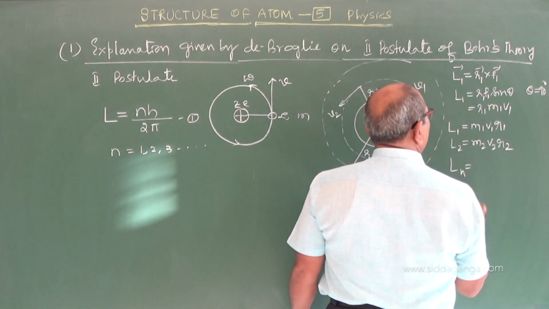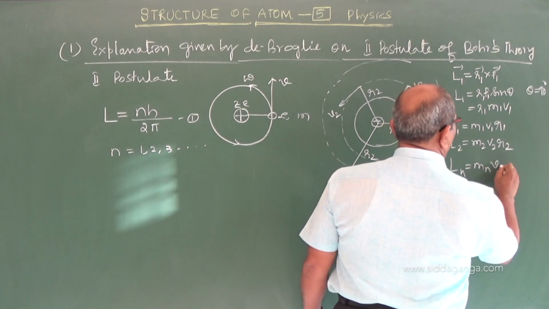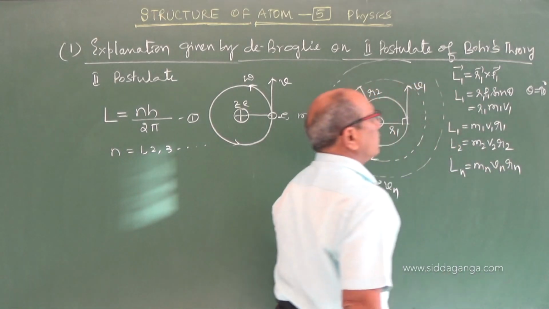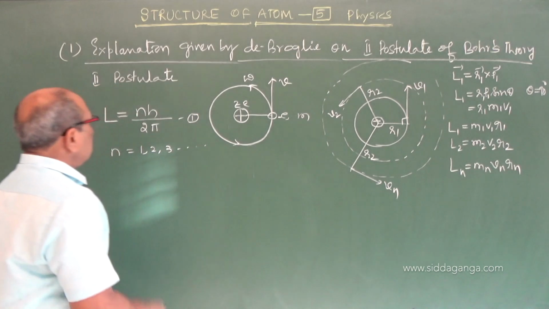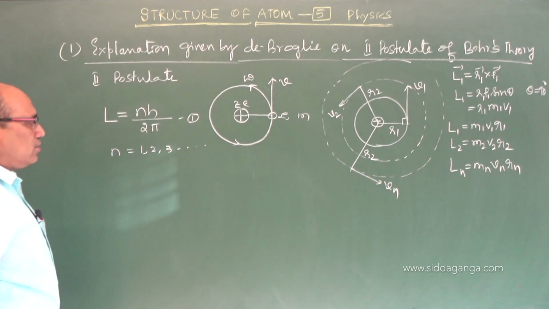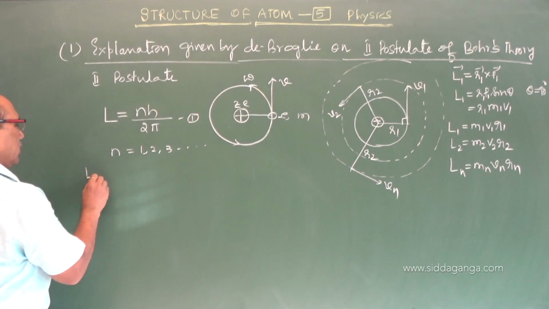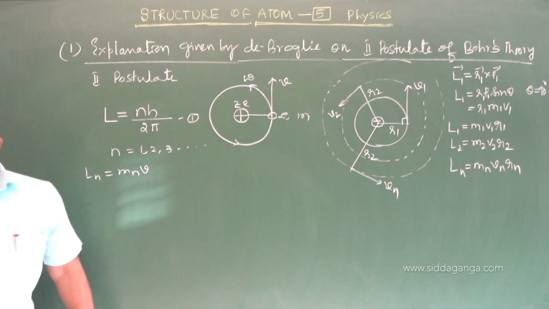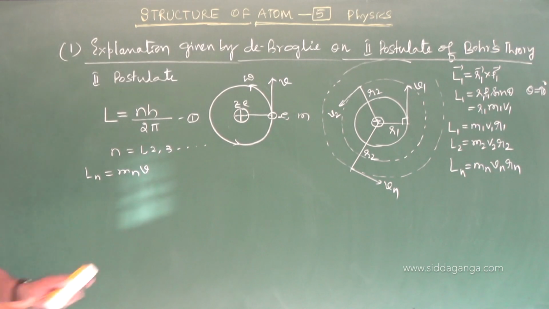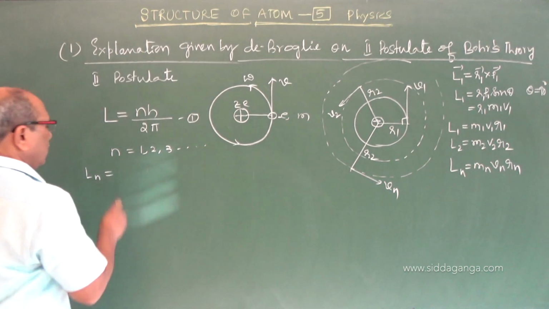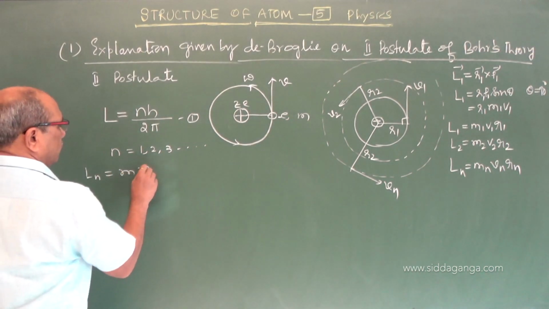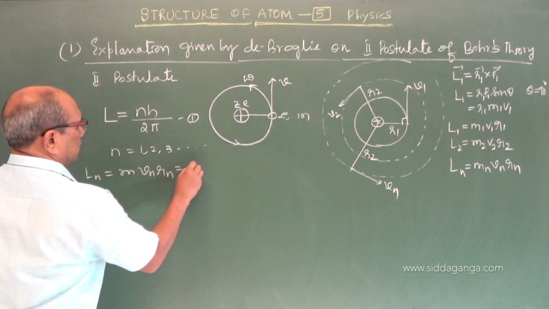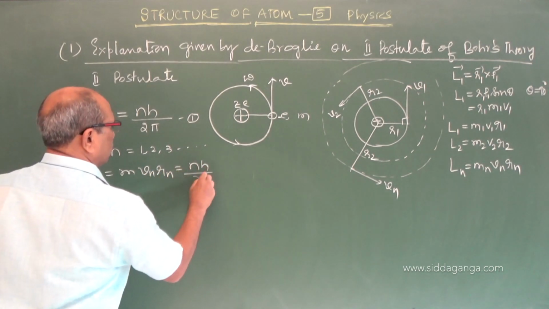So Ln can be written as Mn Vn Rn. Thereby I can write this equation as Ln equal to m Vn Rn equal to nh upon 2 pi.